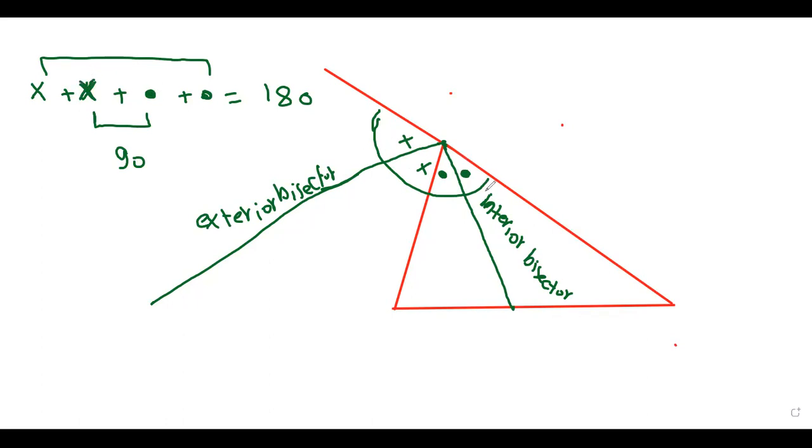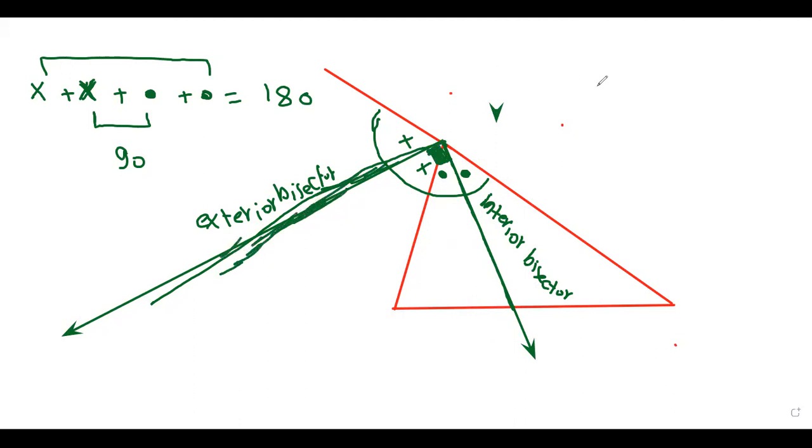So what is the relation between the interior and exterior bisector?